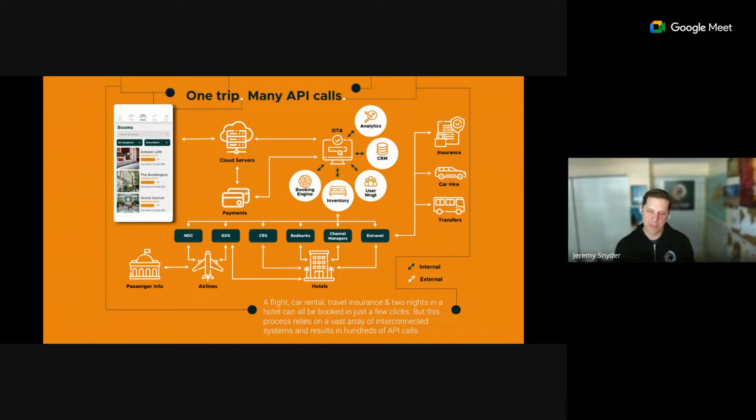This ping-pong of interactions between these parties is representative of how not only the travel industry functions online, but how many, many modern internet services are built.